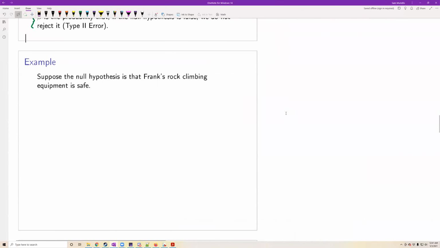Let's suppose that the null hypothesis is that Frank's rock climbing equipment is safe. Now, in these examples, we're not going to have equations that we can make, and so we wouldn't have actual computations to do. We can still think about the idea of error. The null hypothesis is that the equipment is safe, and the alternate would be that the equipment is not safe.